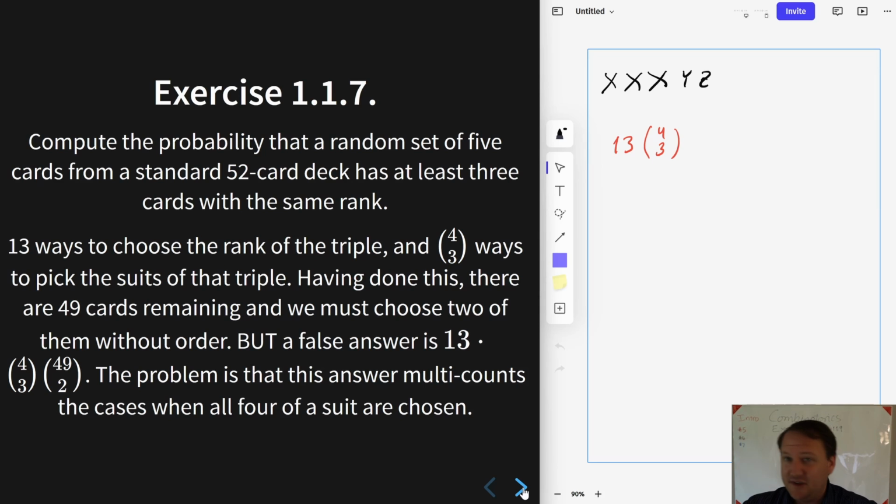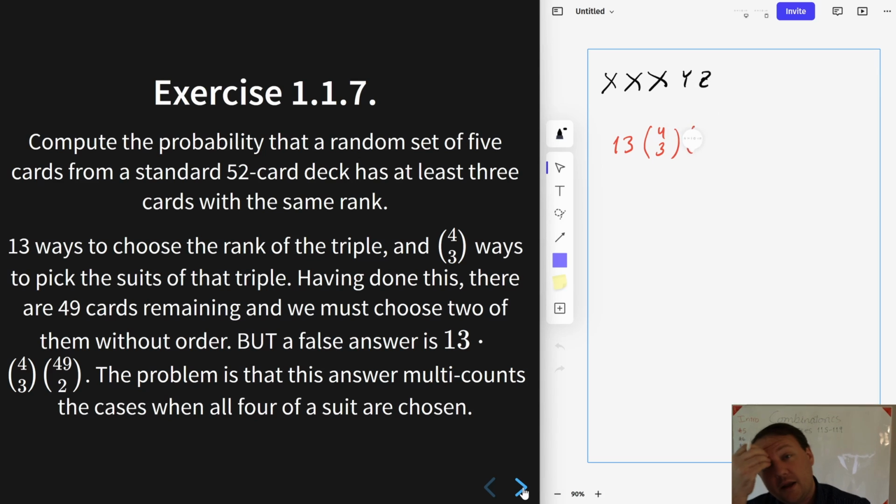Then what you can imagine, and I should warn you now that this is a bit of a false answer, right? I'm showing you an initial thought process and then how you want to audit it and be careful, because these things can be subtler than you might initially imagine. But anyway, if we imagine that there are just some 2 remaining cards and we don't care which ones, so we will choose them, right?